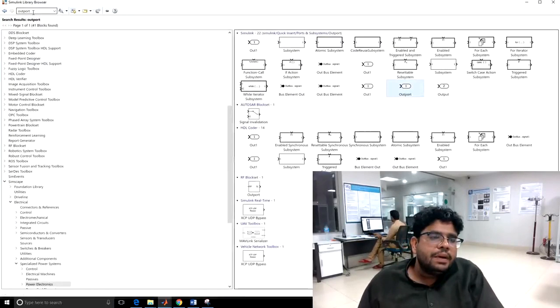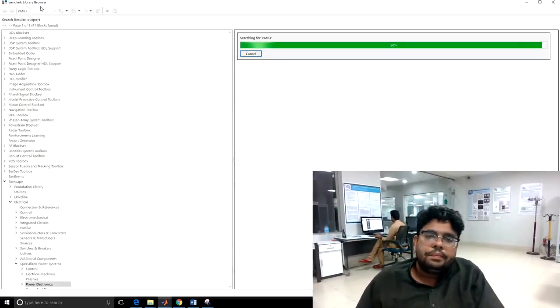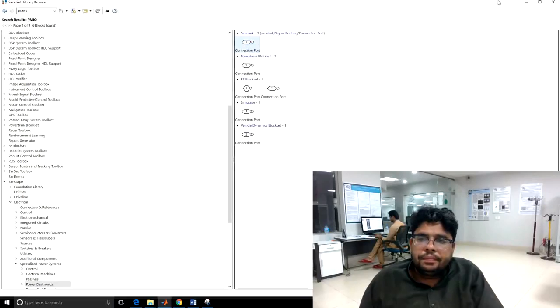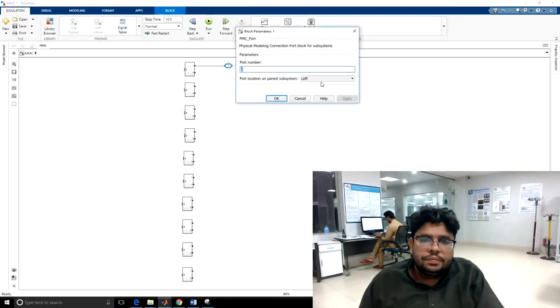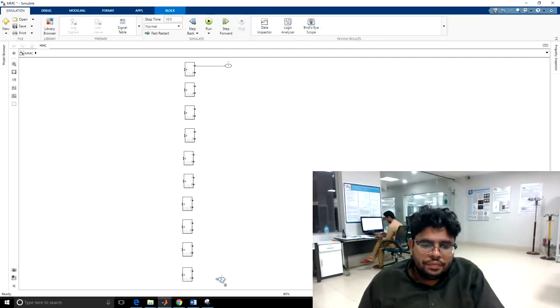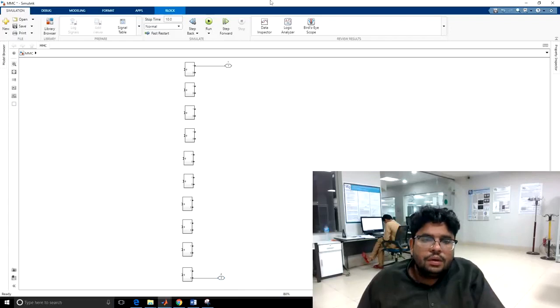Sorry, this should be PMIO port, sorry, my mistake. PMIO port towards right. Alright. Port number 2 right. Now let's cascade all these submodules in a chain link.